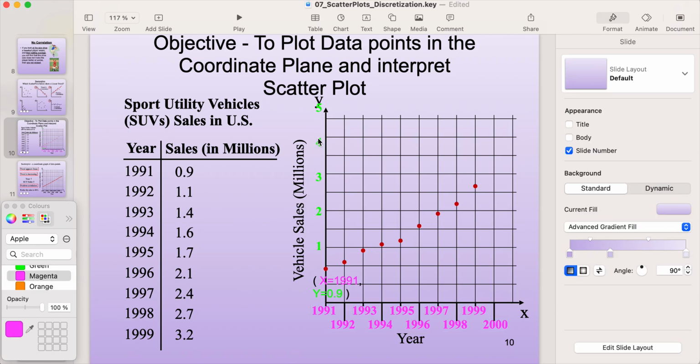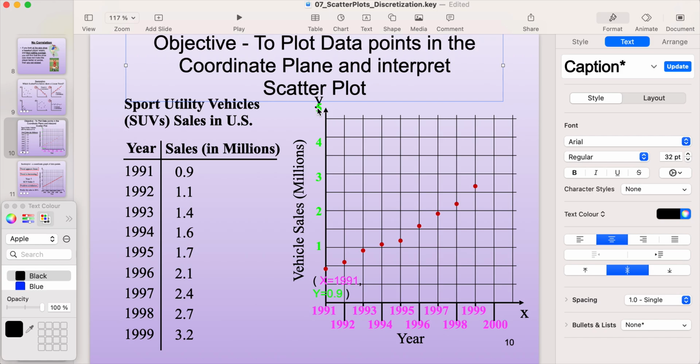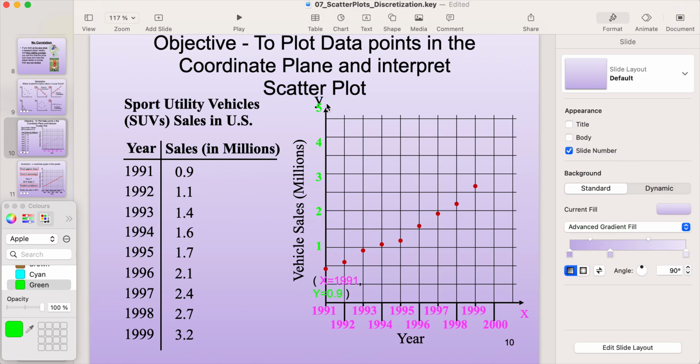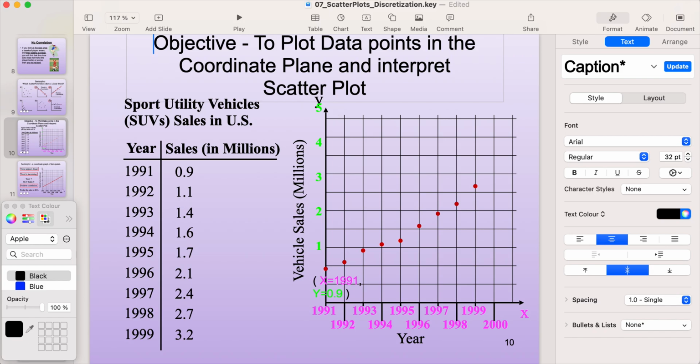So the green ones are the y coordinate values, and the pink ones are the x coordinate values.